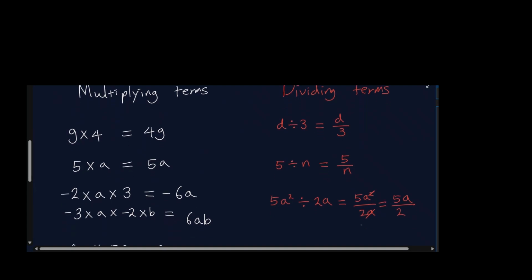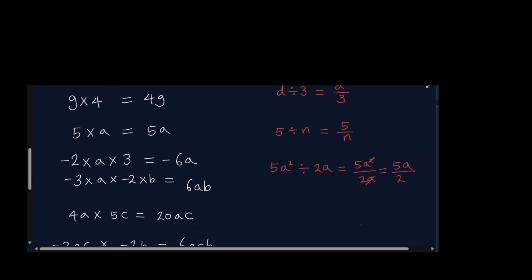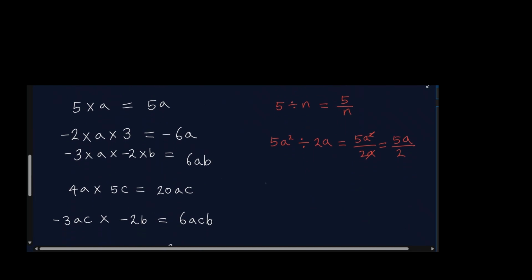And let's have a look at a little bit harder questions for division questions. So this time, I'm going to have 10a cubed and b squared over 25a squared and b to the power 4.